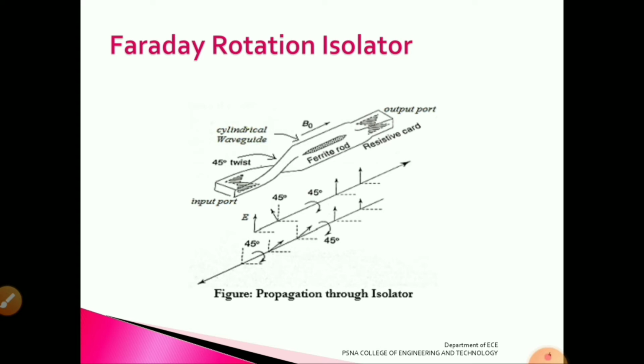Then another 45-degree rotation is provided by the twist in the structure. So put together, the wave becomes parallel to the plane of polarization of the resistive card, so the card will absorb the wave. This is how the isolator is working.